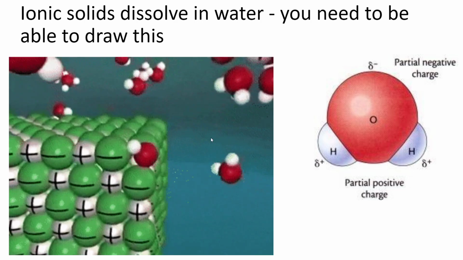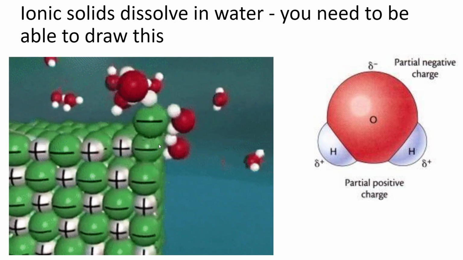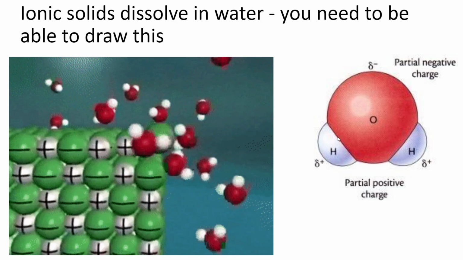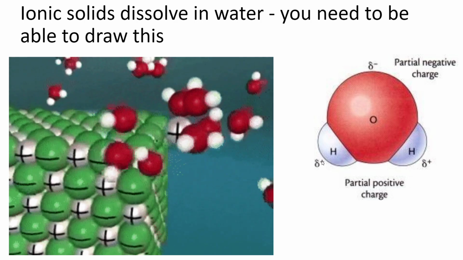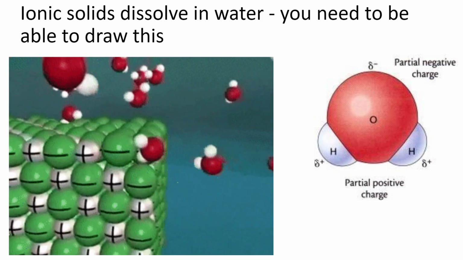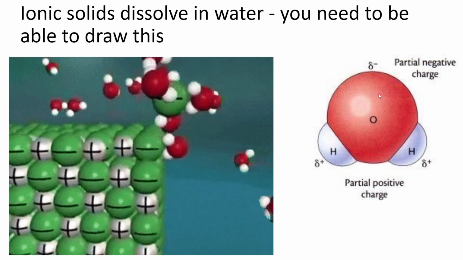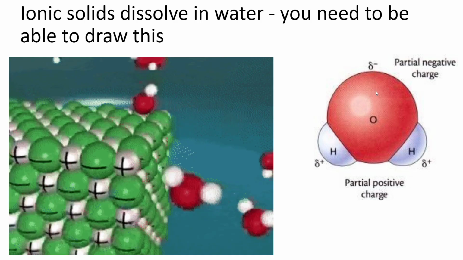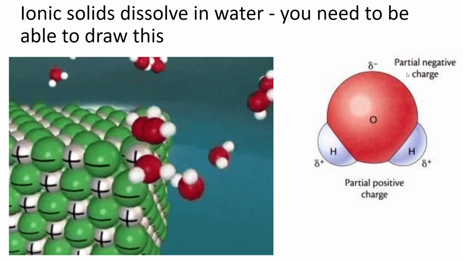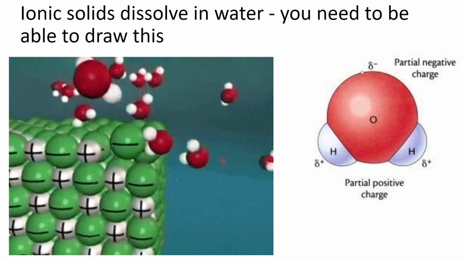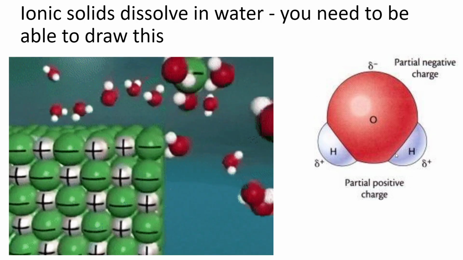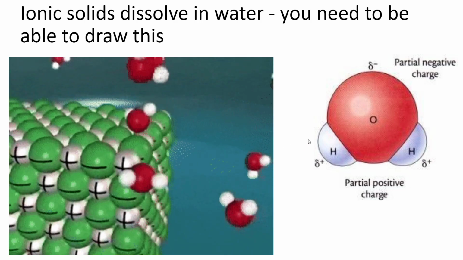Now these are water molecules here, and if we look at what happens, the positive part of the water is the hydrogen, hence it's got this little positive sign here, and the negative part of the water is the oxygen, and it's got this negative charge here. It's a partial negative charge. It's not fully negative, just electrons hang out around the oxygen way more than the hydrogen.